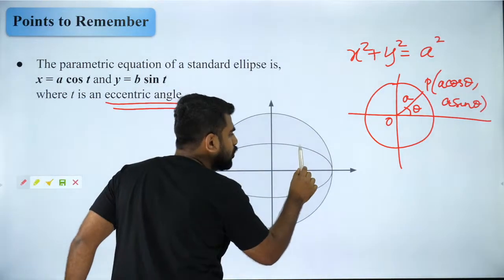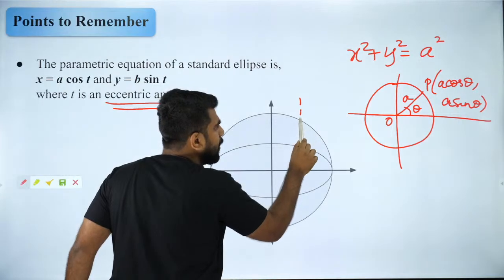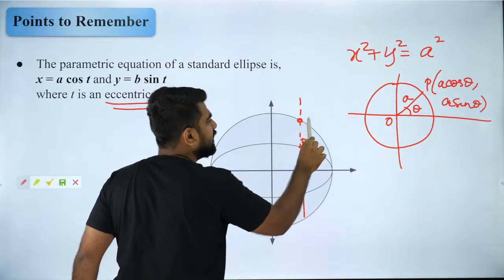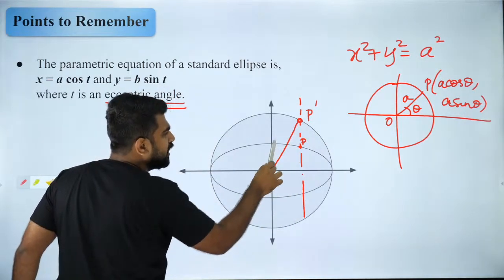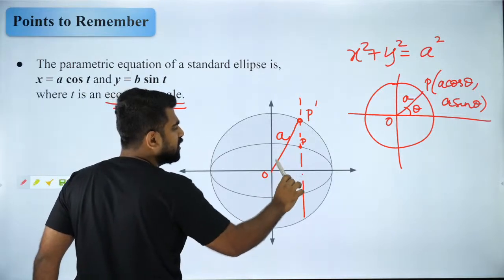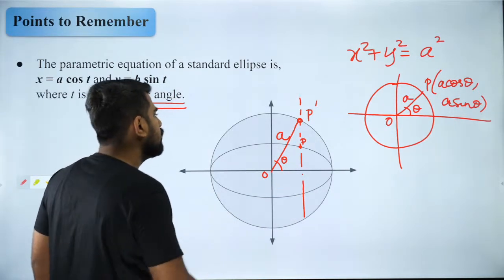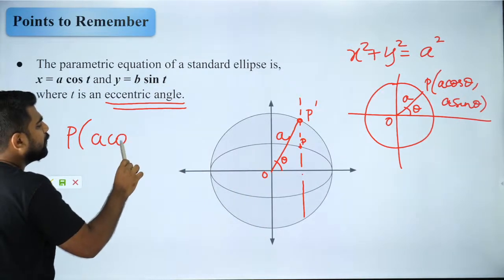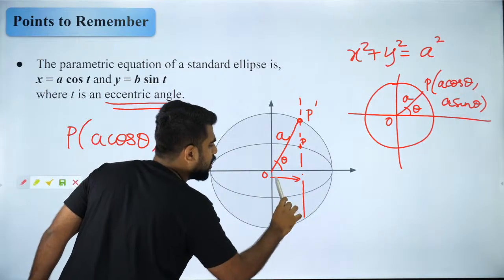So what I am going to do, listen very carefully. I am going to take P here and I will drop a perpendicular from P. And this point is P dash. And we know that this radius is equal to a, which is the semi-major axis. So this angle I will define as my eccentric angle. So what will be the x-coordinate of point P? The x-coordinate of point P is a cos theta, because this is a cos theta.